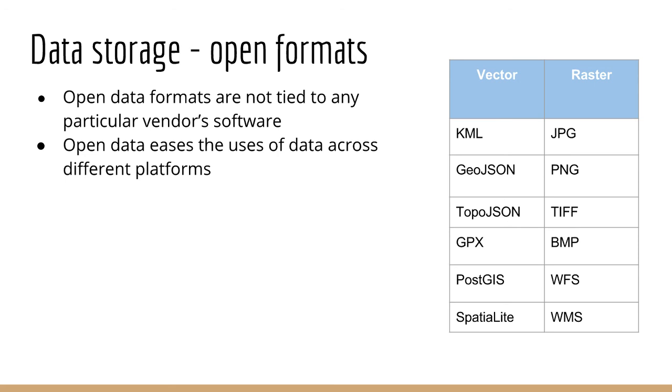And these days, with things like the internet, open data and the easy exchange of information across different systems is really important. That's really valuable to people. The old model of software, the old business model, like Microsoft's business model, was to make a piece of software and make your data format only work with your software. So if people started building Word documents, they had to use your software.